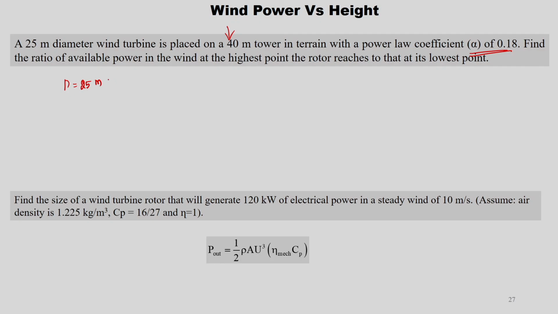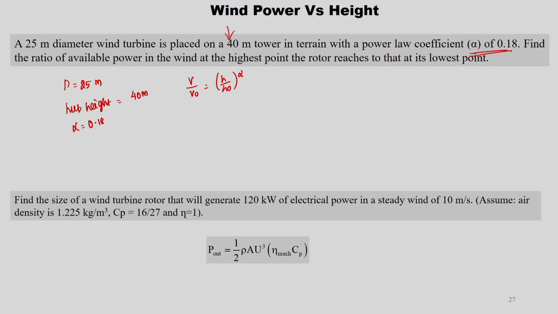So, D is 25, hub height or tower height is 40 meter, alpha is 0.18. Here we need to use the formula V upon V naught is H upon H naught power alpha. So, we are supposed to know the height here.